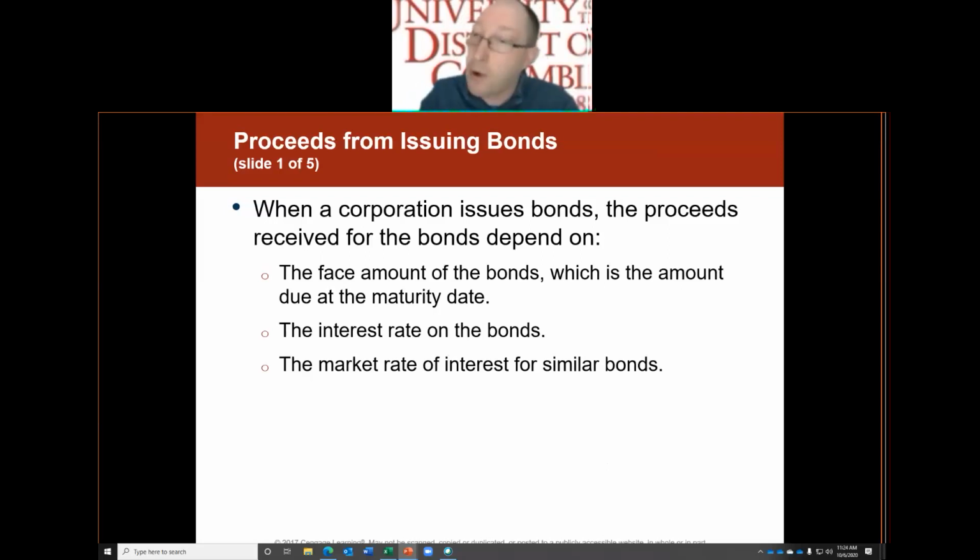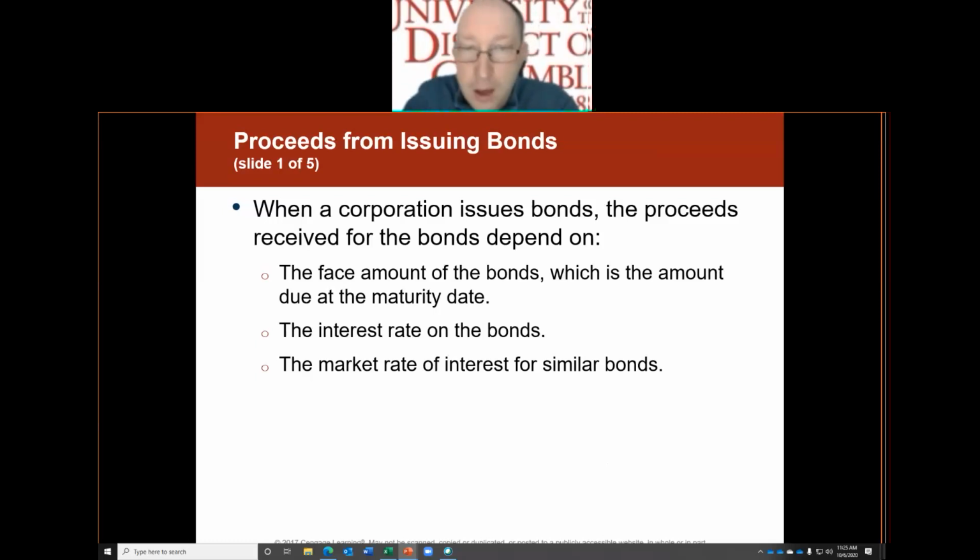Okay, so a way to think about it is your house, your mortgage. Your mortgage interest rate that is locked in is probably going to be different than the market rate for mortgages. The market rate for mortgages is determined by the collective of mortgages, and it's an average.